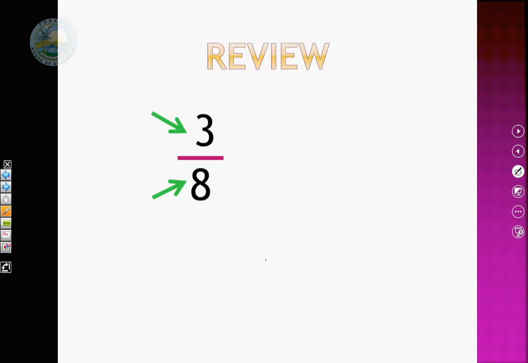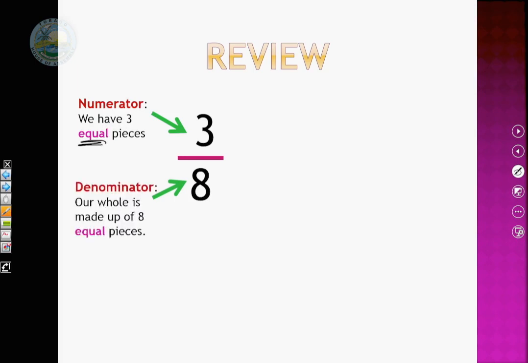Now we're going to go into representing it as a bar model. So here we have 3/8. Remember, our 3 is our numerator, the number on top, and it tells us we have 3 equal pieces. 8 is our denominator, which tells us our whole is made up of 8 equal pieces. So we're stressing on the equal.